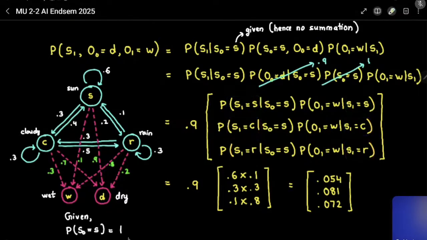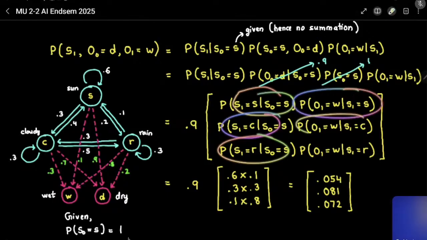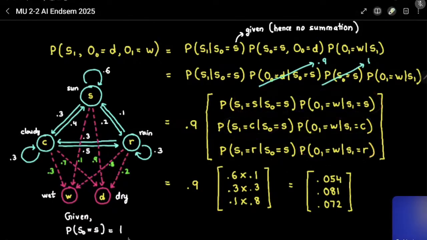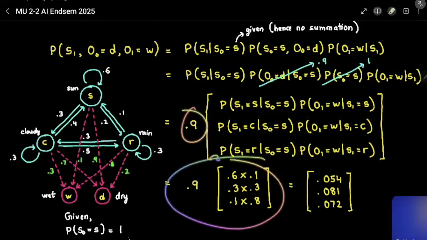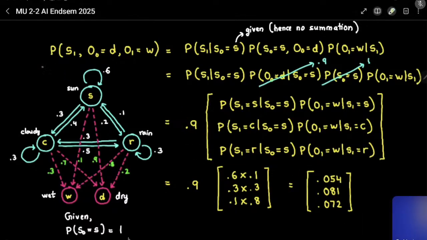Now if you notice, these are just transition probabilities and these are just emission probabilities, and you have 0.9. So after doing all the math, you'll get some vector of probabilities. So this is the probability distribution of this one. So if S1 is sunny, you'll get this one. If S1 is cloudy, you'll get this one. If S1 is rainy, you'll get this one.